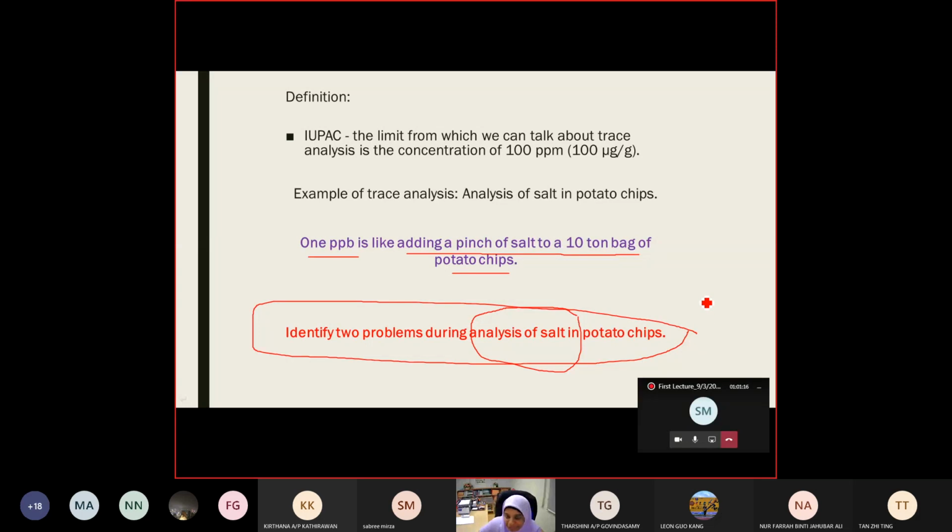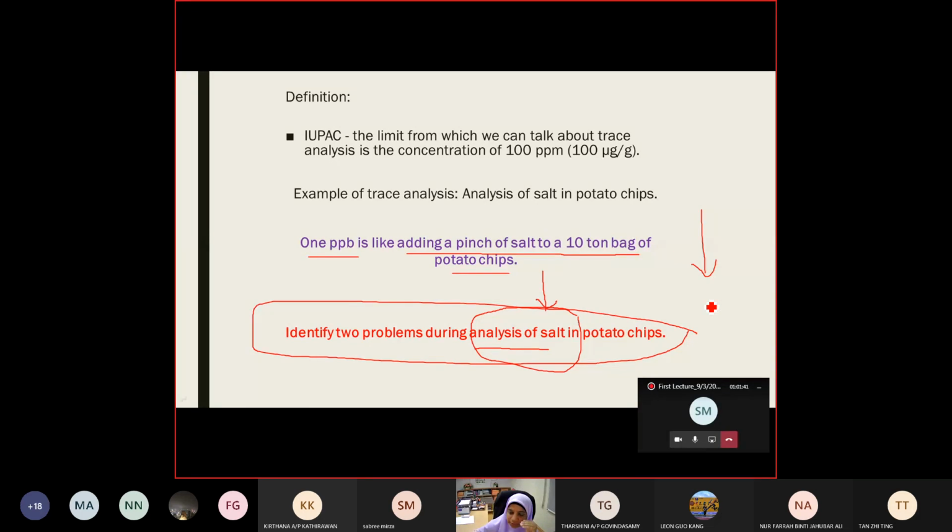It's not that we say it is an instrument problem. It is the limitation of the instrument to detect these salts. Why? Because the concentration of the salt is too low, so it's not easy for the instrument to detect.